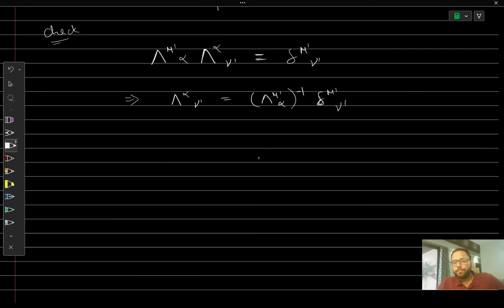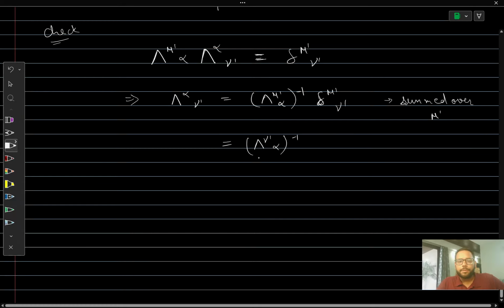There are two same dummy indices, so these are summed over mu prime. It will only be non-zero when mu prime equals nu prime. So this will become nu prime delta inverse.